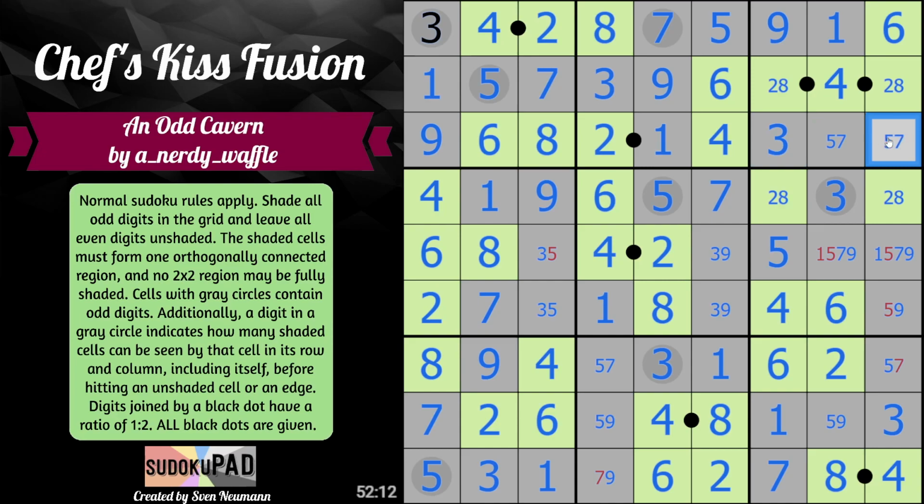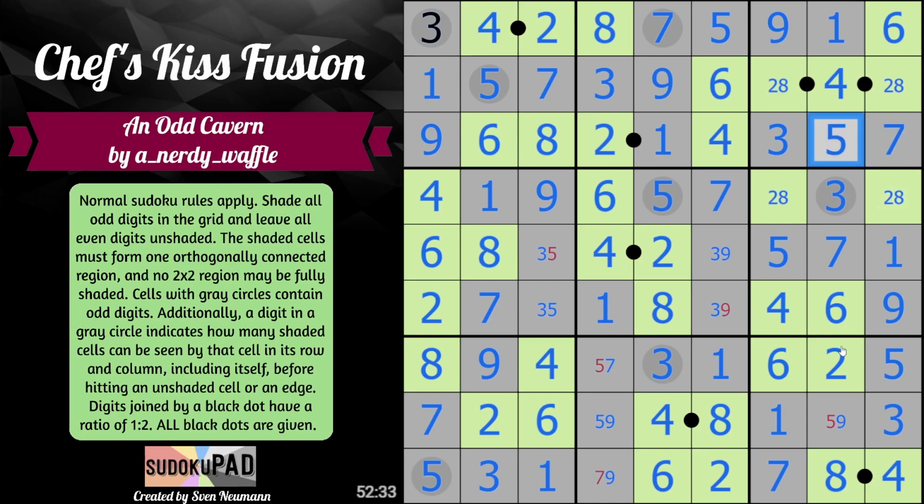Let's pull 3 out of here. It pulls 5 out of there and 5 out of there. Pulls 7 out of there. We're left with 9, 5, 7, 1, which will give us our 8, 2, but we'll come back to that.